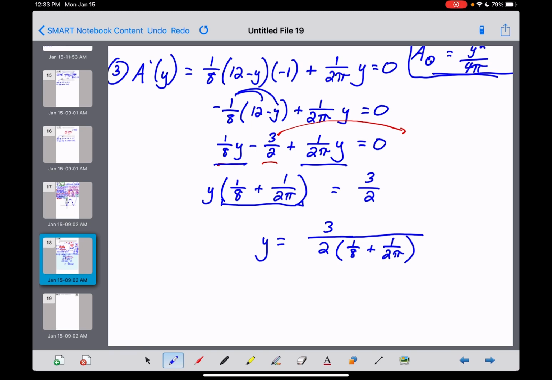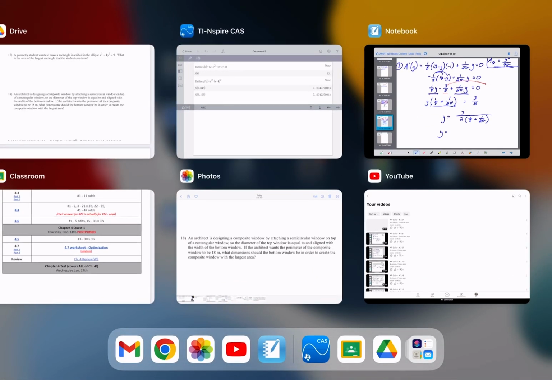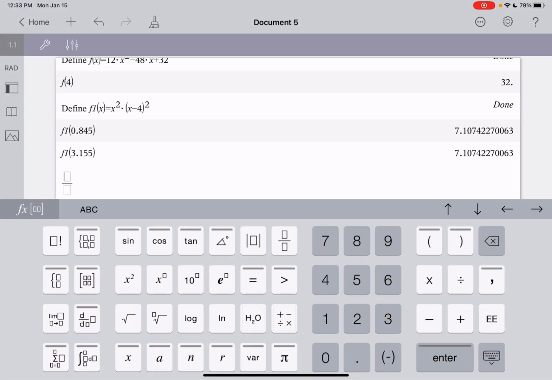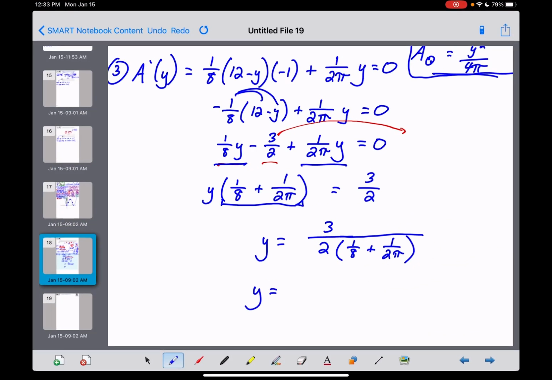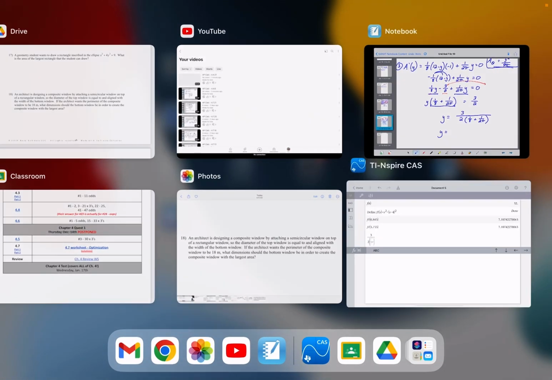And I think I'm just going to go to my calculator and type that in just the way it looks, as ugly as that is. So let's jump to the calculator here. Let's go to a stacked fraction, 3 on the top, and in the bottom, 2 times in parentheses here, we had a fraction inside. That's a 1/8 plus 1 over 2 pi.